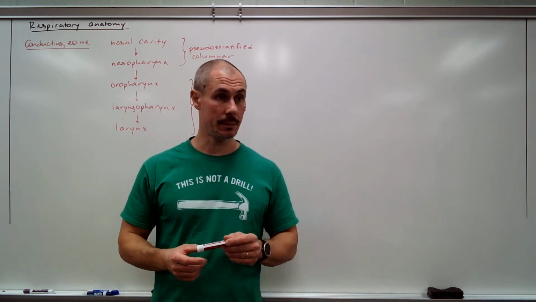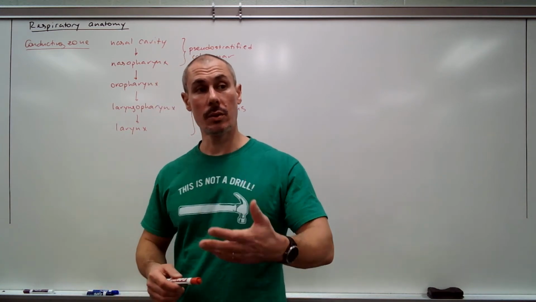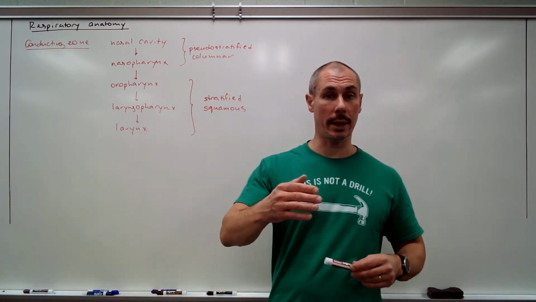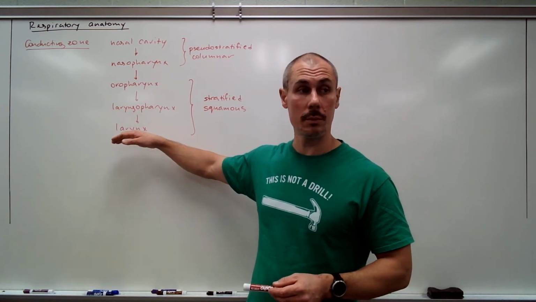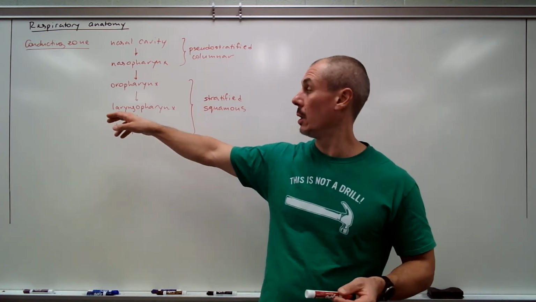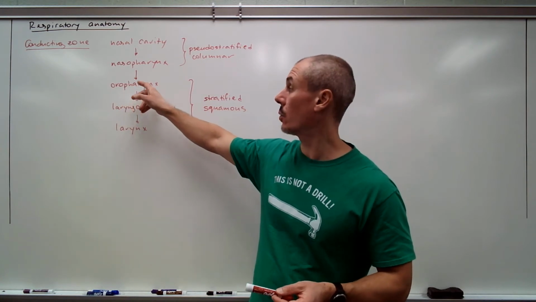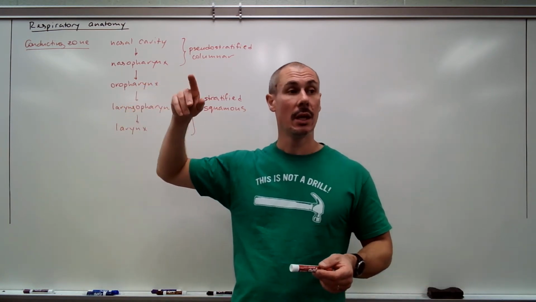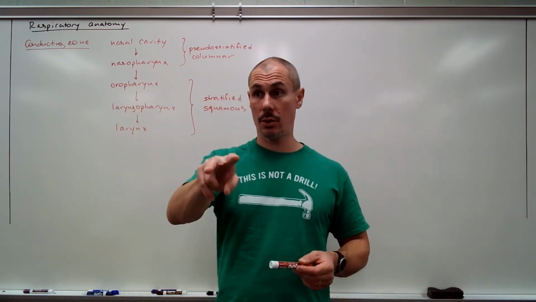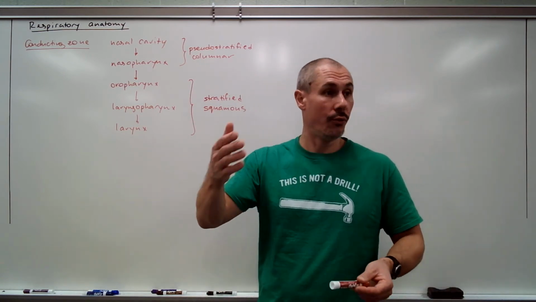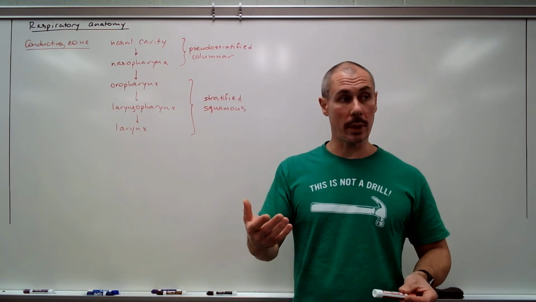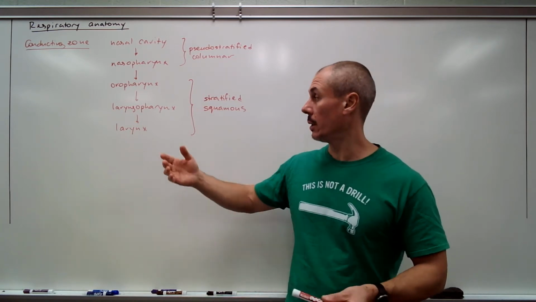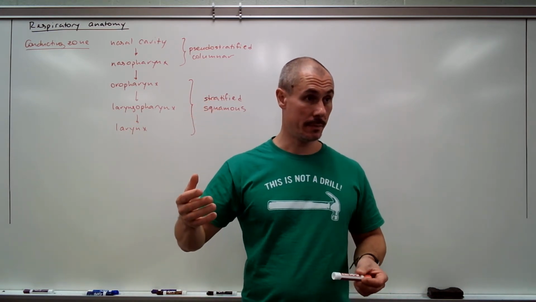Does that make sense? So what separates the respiratory system from the digestive system? Remember, when food passes the oropharynx and laryngopharynx, it then has two options. Food should go into the esophagus. What separates the esophagus from the larynx is the epiglottis.